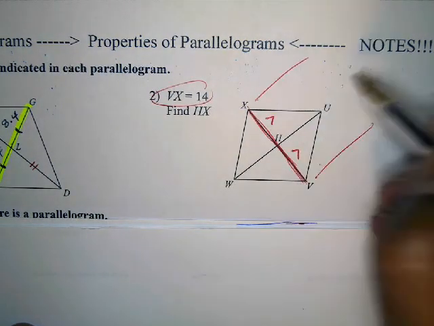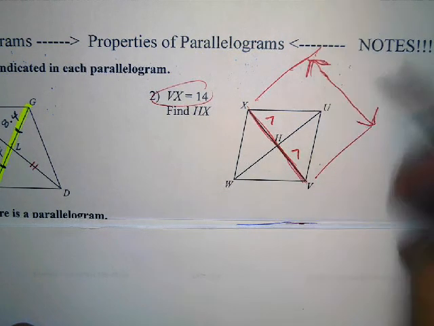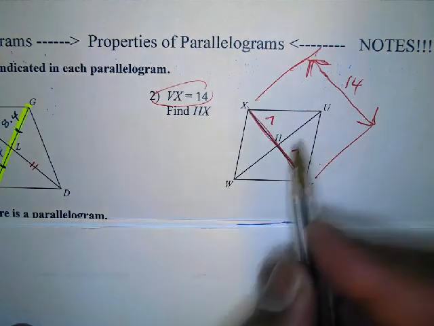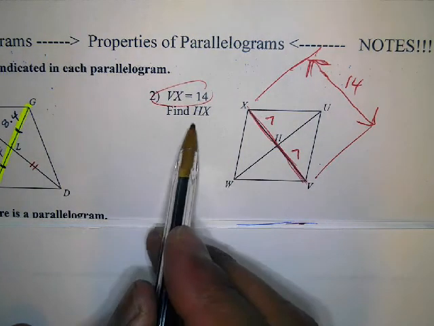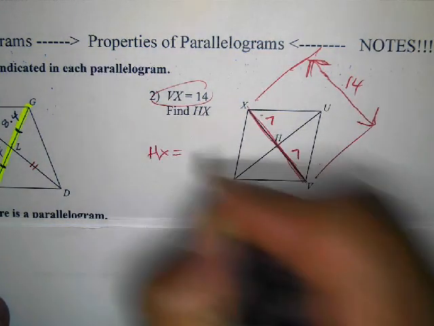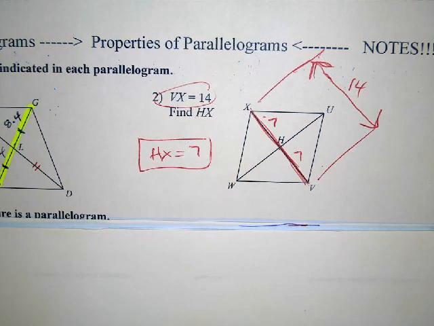Well, they have to be 7 and 7, right? It says right here, from V to X is 14. If that's 14 and this is cut in the middle, well, that's 7 and 7. That's it. Find HX. This is too easy. HX is equal to what? 7.